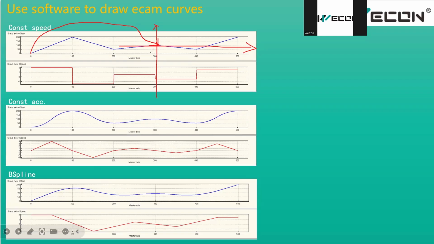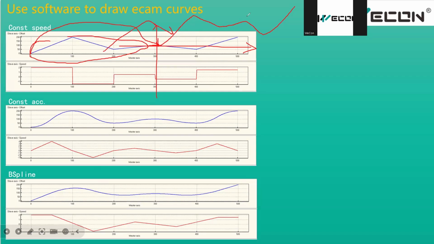It's different from the delayed start. Could you understand? If we use delayed start from this point, the curve will go like this. Just put this part to here, so it will continue to go forward.